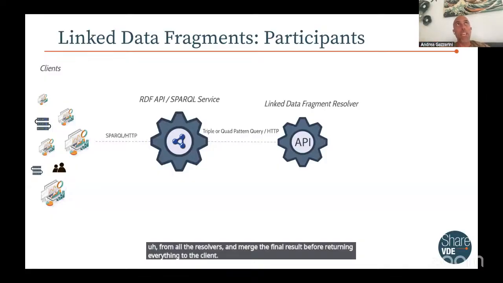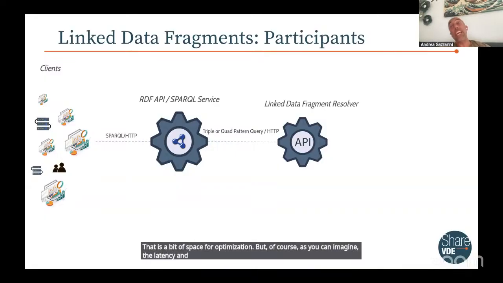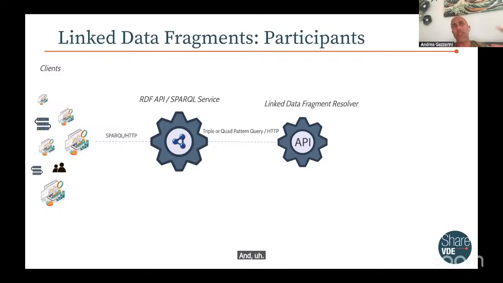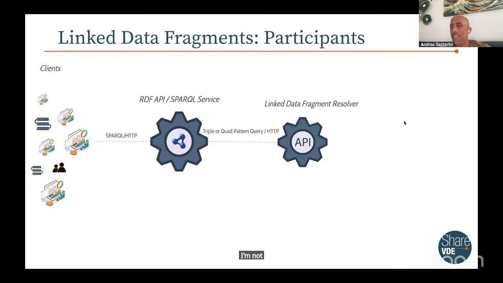There is a bit of space for optimizations, but as you can imagine, the latency could be a problem, and the space for optimizations is smaller than in a traditional monolithic RDF store.